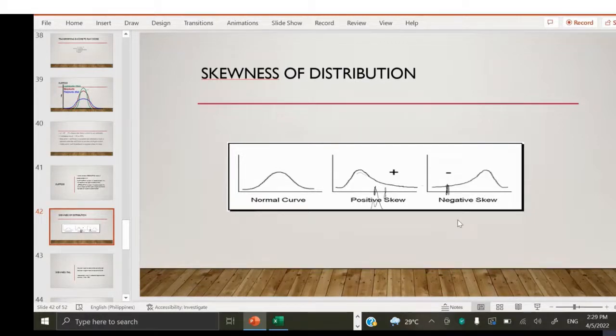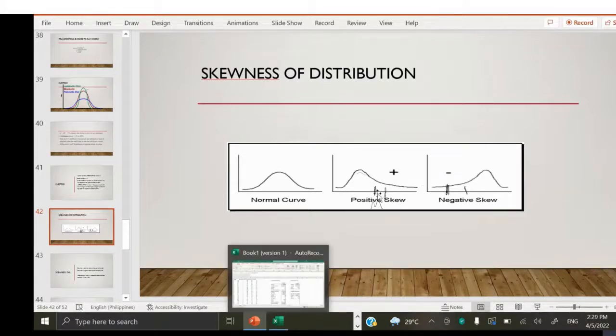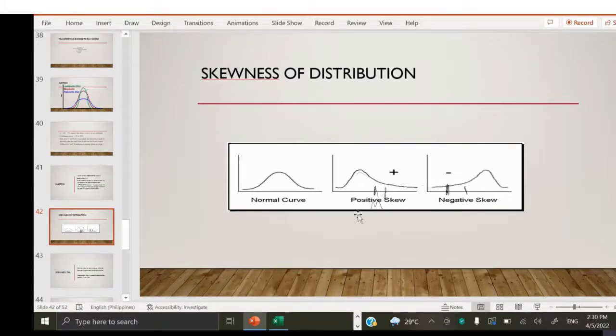So this means to say, if we plot the mean score here, most of the people who took the exam, the achievement test, got high scores, higher than the mean score. So that is skewness. This is positively skewed and this one is negatively skewed.